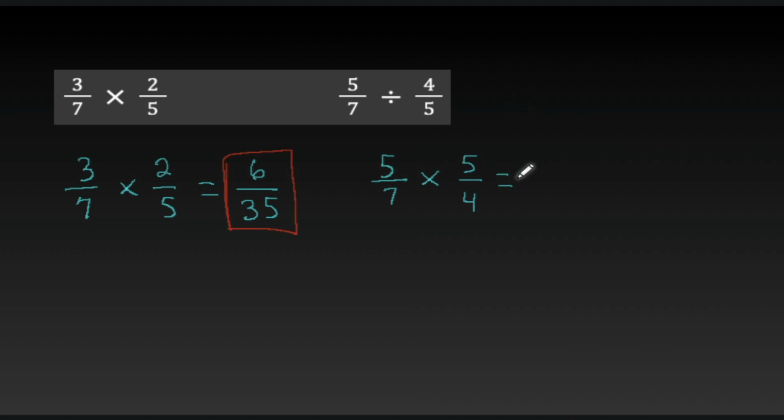It's a good rule of thumb to simplify beforehand. It makes it a little bit easier, I believe, but everybody has their own way, so do what works for you. 5 times 5 is 25, and then 7 times 4 is equal to 28. So the answer here is 25/28.